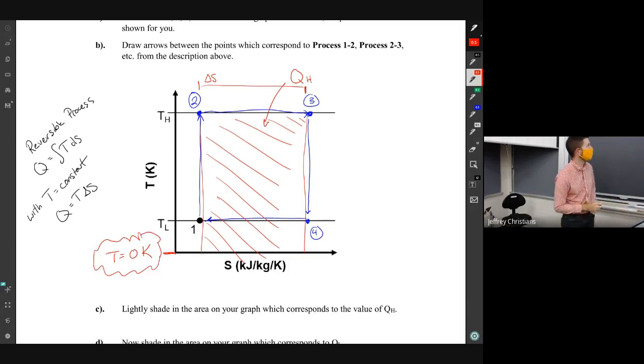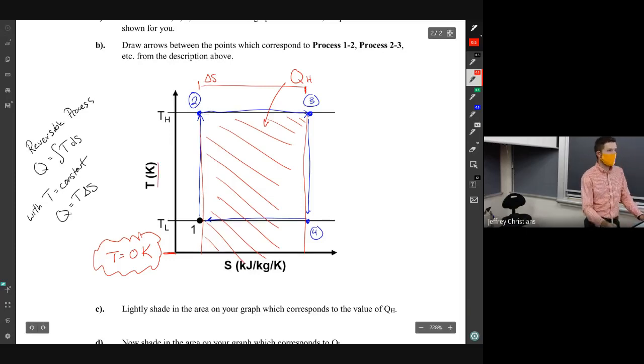I'll make a little bubble. So that assumes that our x-axis is at 0 Kelvin, right? I have here that our y-axis is in Kelvin, and I'll just make a note.